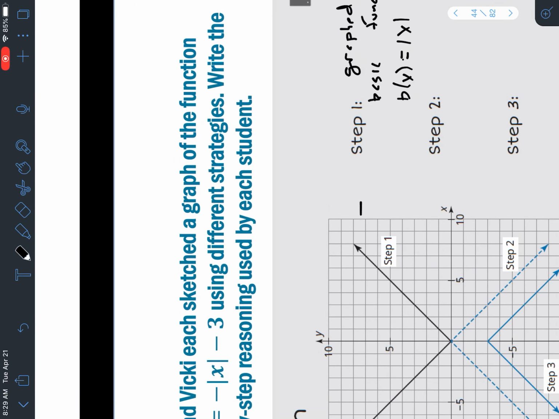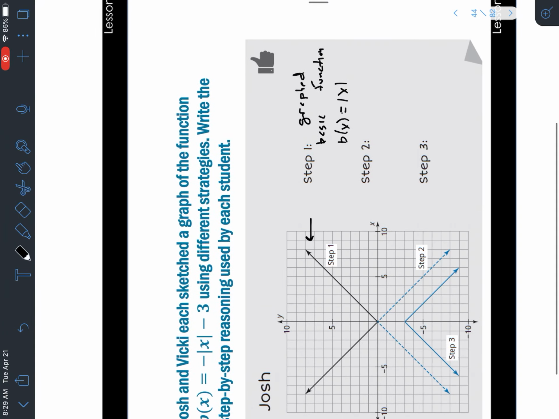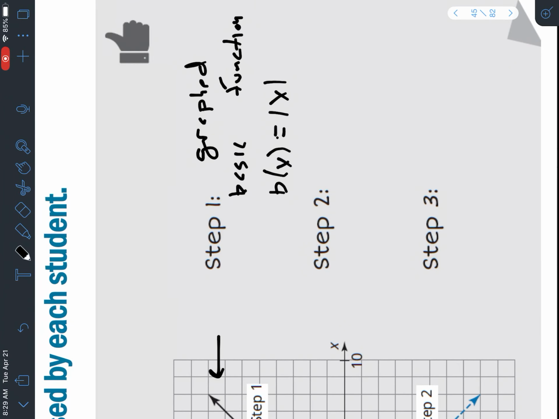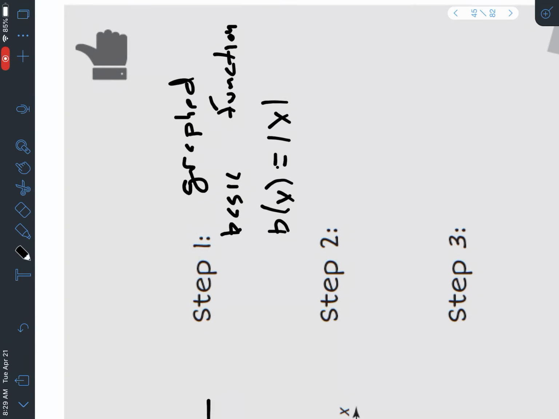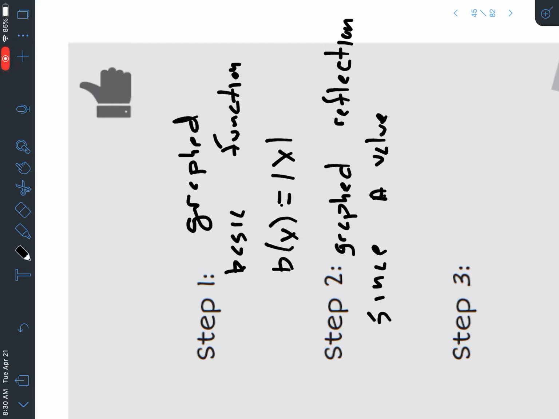Meaning, he did this step 1 right here. He graphed that. Step 2, we'll just say graphed reflection since a value is -1.